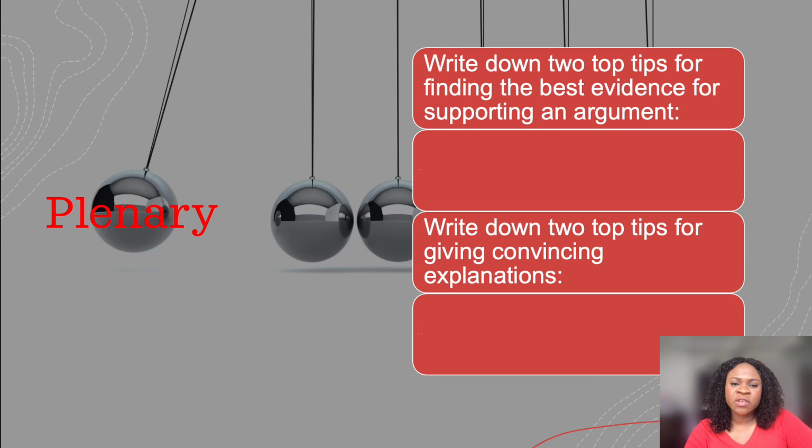To also give convincing explanations, you have to be sure that the evidence in fact has anything at all to do with the point. So it's basically just reading and talking about portions of what you've read and how those things come together to build a story.